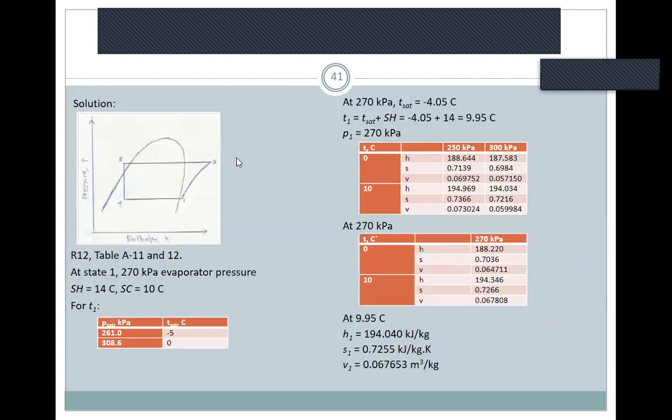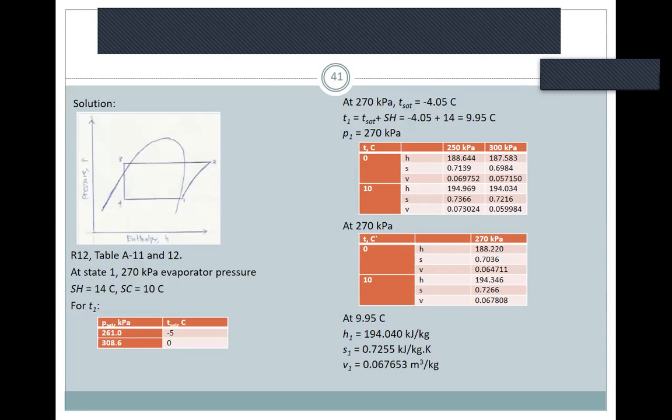Solution, so ito yung diagram mo. Merong superheat and subcool. Pero walang liquid to suction heat exchanger. Okay? No need yun. R12, table A11 and 12 ng Stoker engines. The state 1, 270 kilopascal evaporator pressure. Superheat is 14C and subcooling is 10C. So for T1, hanapin natin. Ang available na pressure is 261 and 308.6.